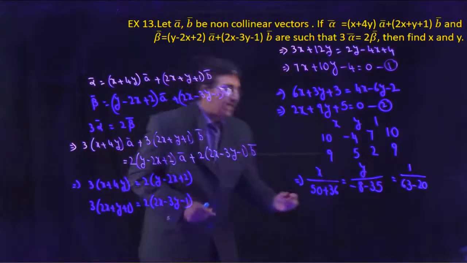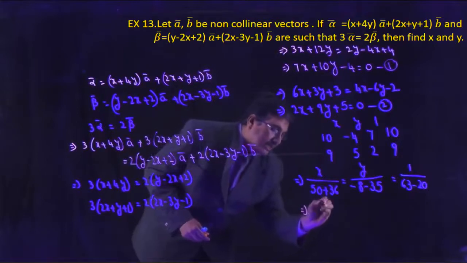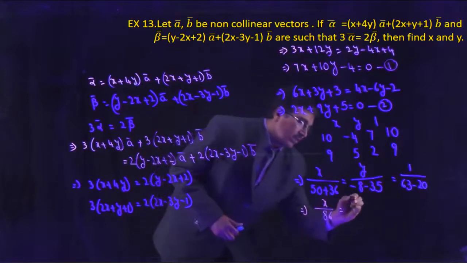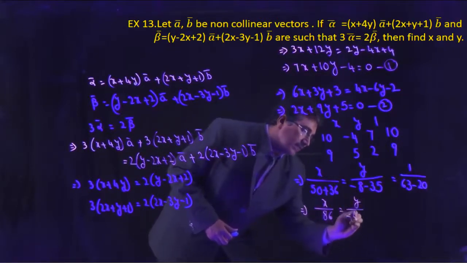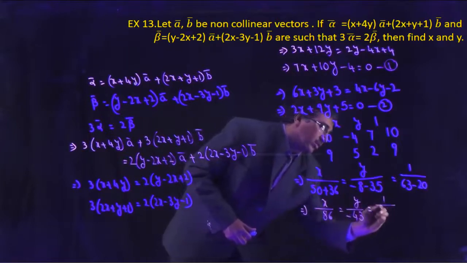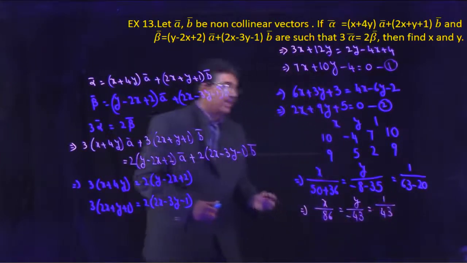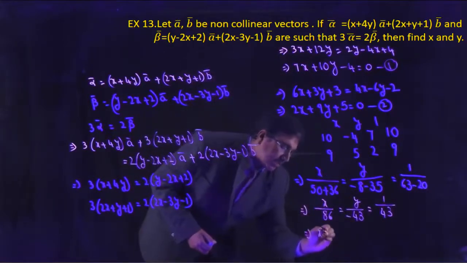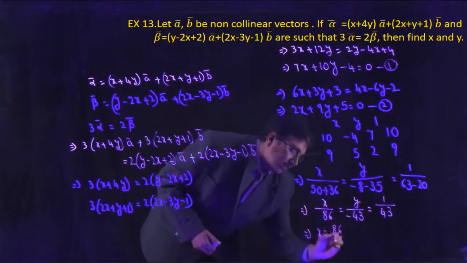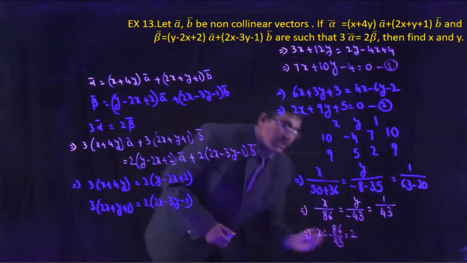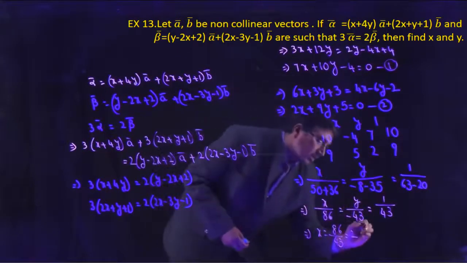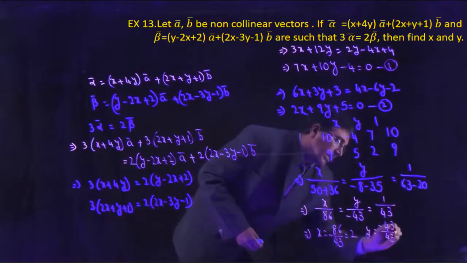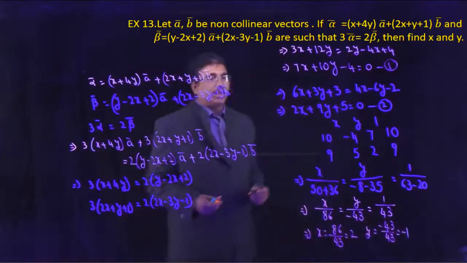That implies x divided by 86 is equal to y divided by minus 43 is equal to 1 by 43. That implies x is equal to 86 by 43, that is equal to 2. y is equal to minus 43 divided by 43, that is equal to minus 1.